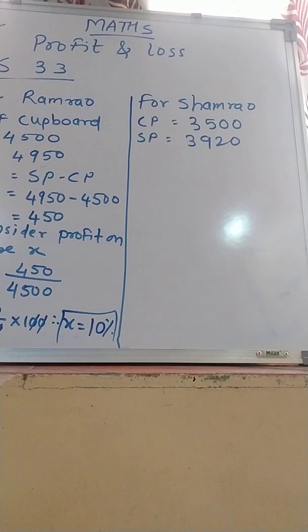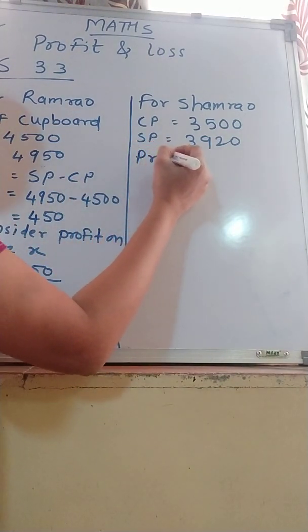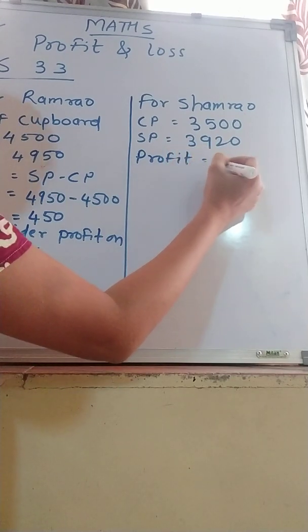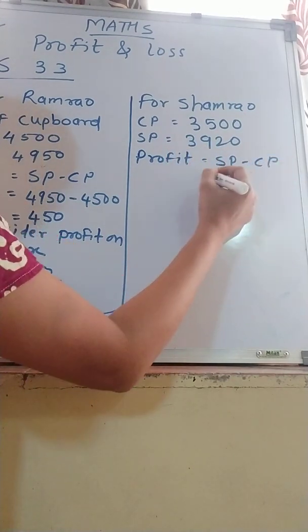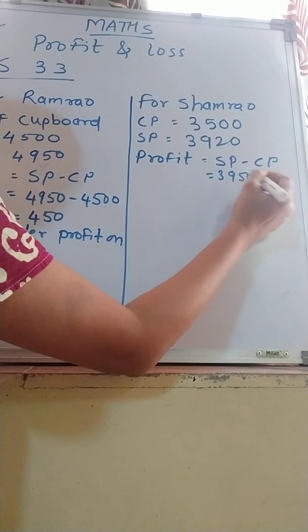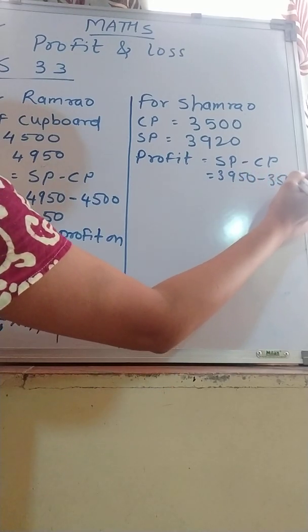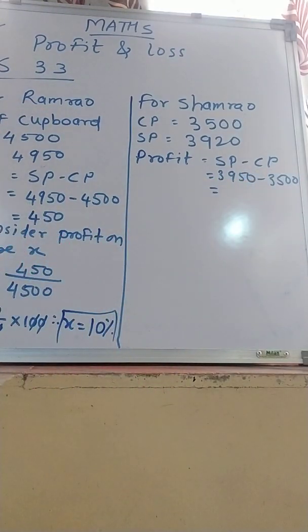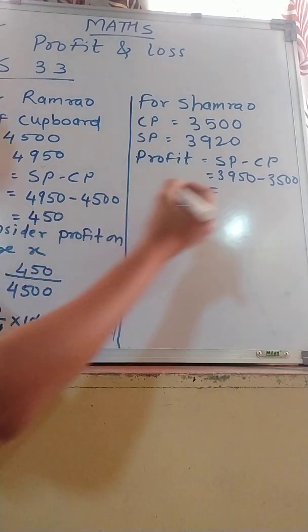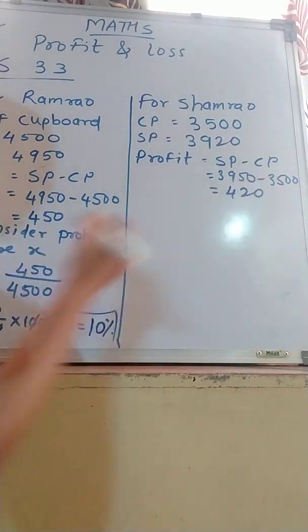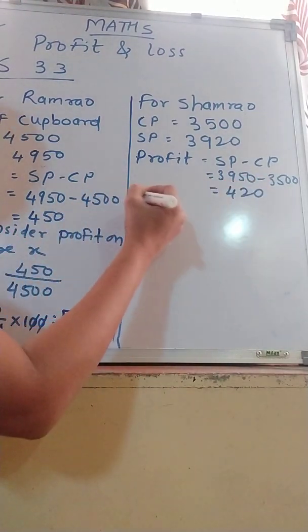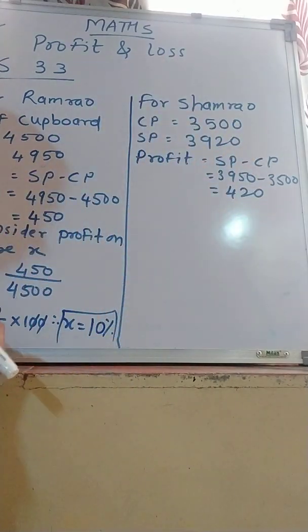Right? Now, profit is equal to SP minus CP, 3,920 minus 3,500, and your answer is 420. Right? Now, this 420 is on 3,500.